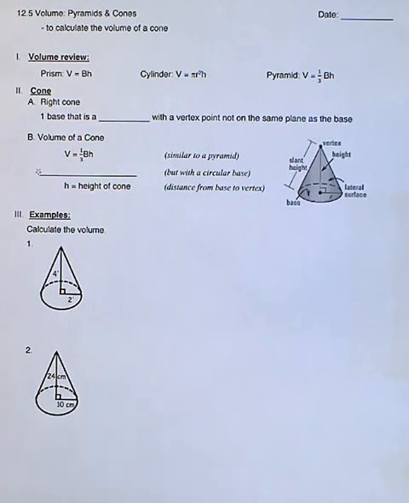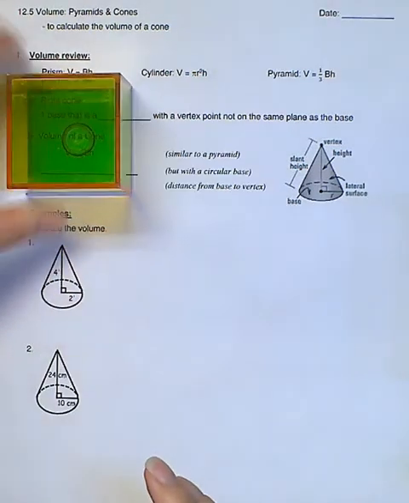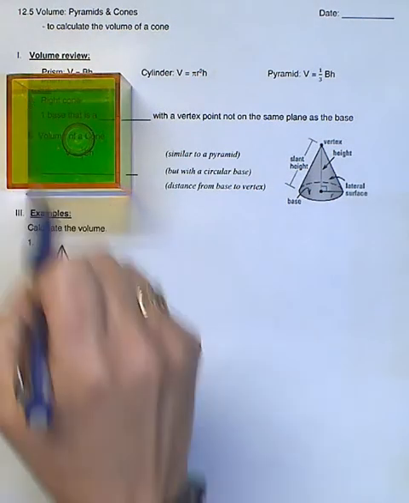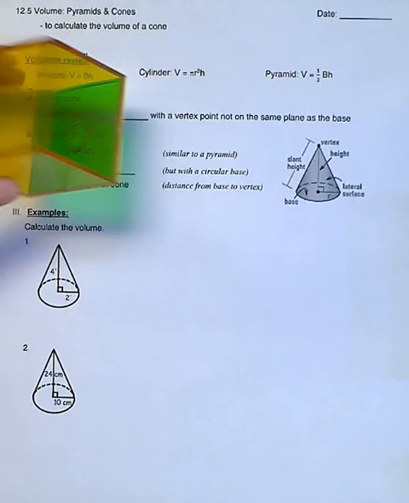A prism is the area of the base times the height. So here's a prism. The base is a square, so we would find the area of a square and then multiply it by the height.